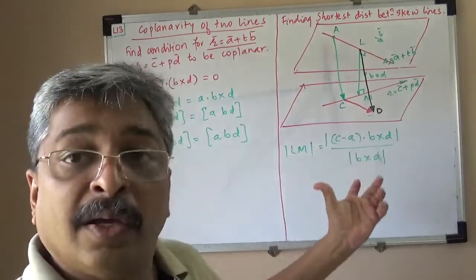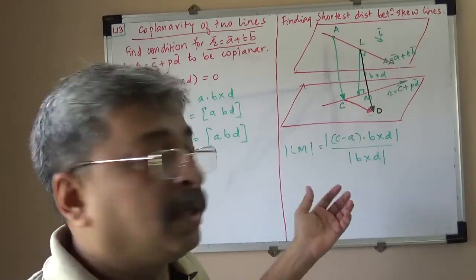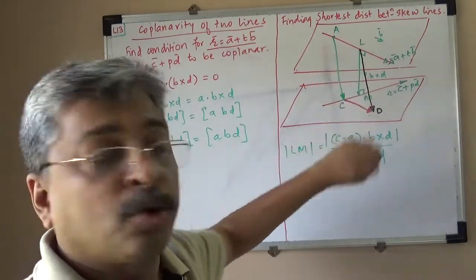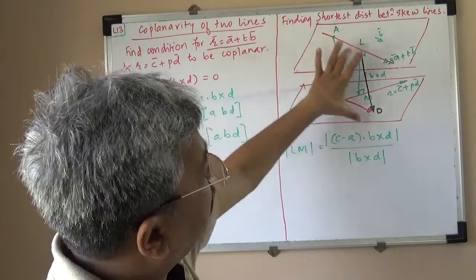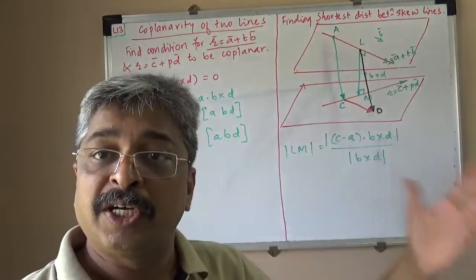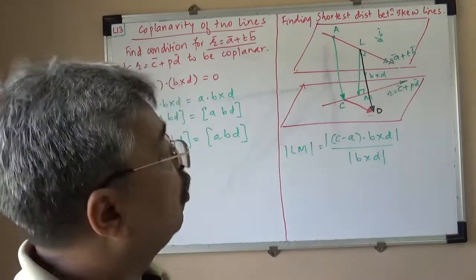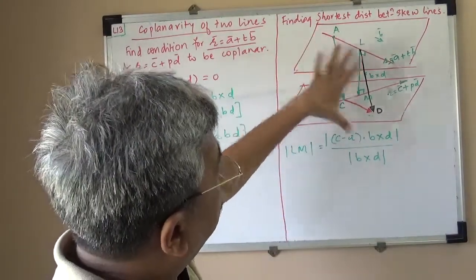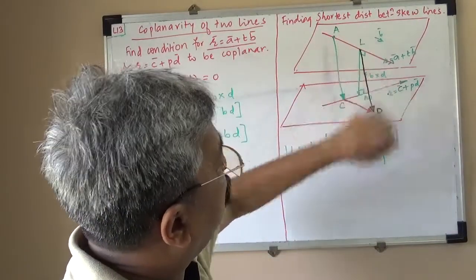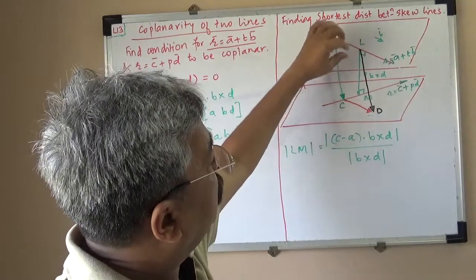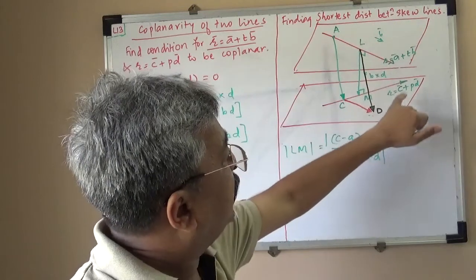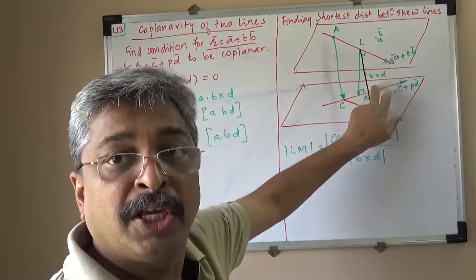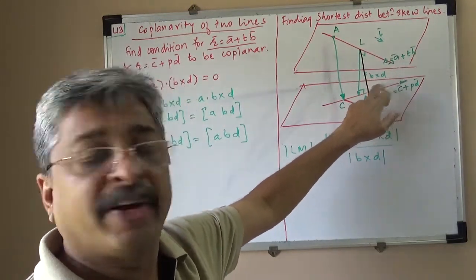It is one step. If we understand what we mean by projection, this transformation of vector AC to LD needs some three-dimensional imagination. If you understand that well, then it is the projection of LD on the vector perpendicular to B and D, which is B cross D, and it has to be a unit vector.